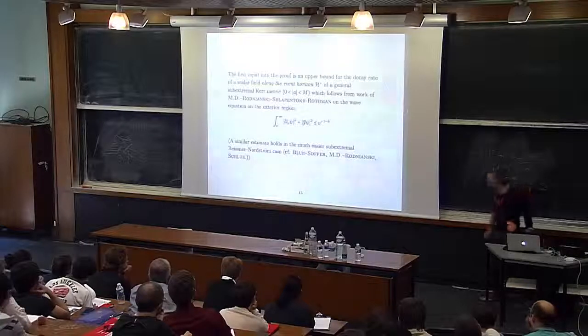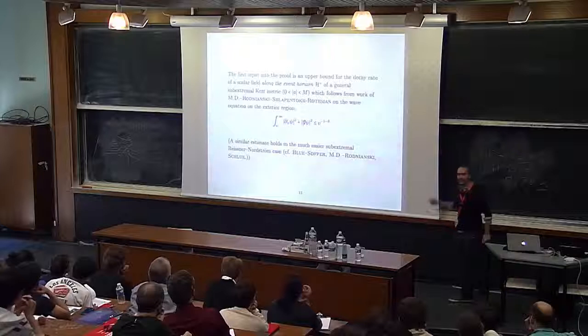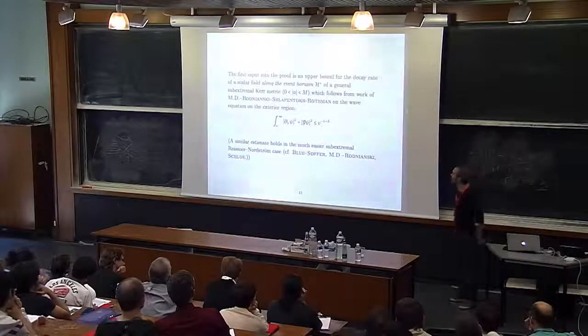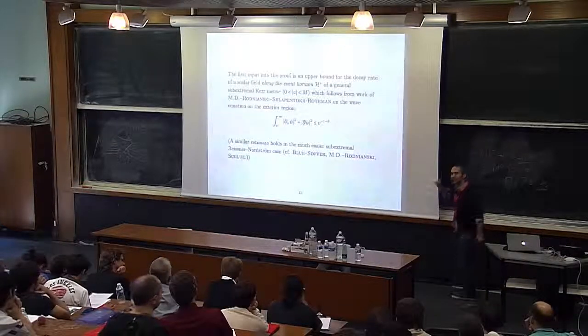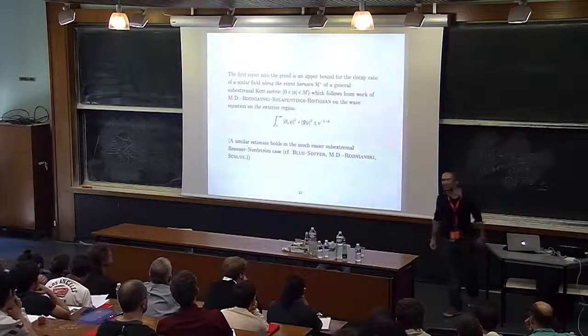So let me just say a few words about the proof of this theorem, which will appear soon, and I think it's a very nice place to start to learn about the wave equation on Lorentzian manifolds, which are less familiar.